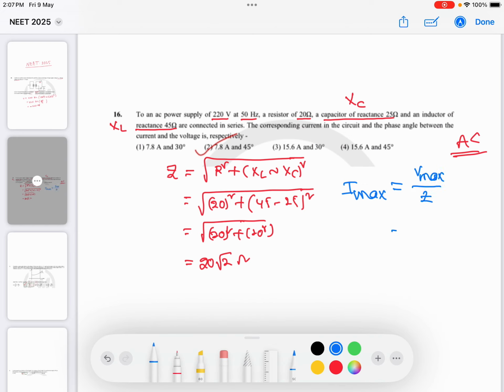Here V maximum is given as 220 volts, and your impedance value is 20 root 2. Zero, zero cancel, so we get 11. So the maximum value is 11 by root 2 amperes. Root 2 is equal to 1.414. Ultimately you get the answer as 7.8 amperes.